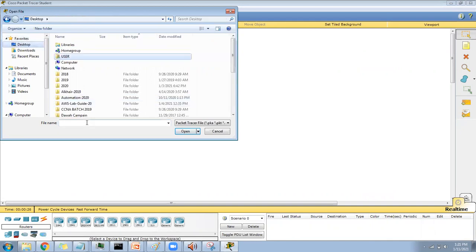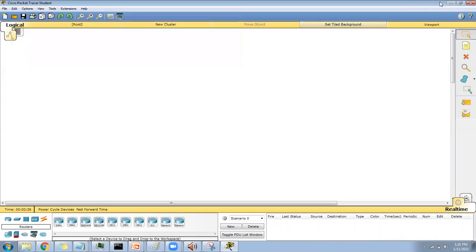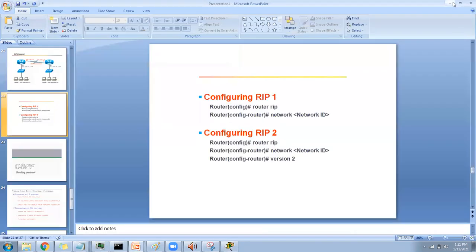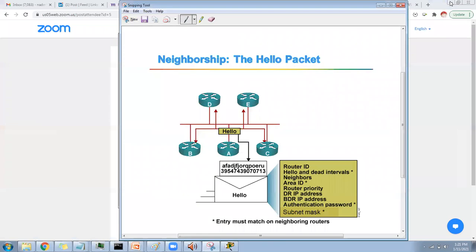Desktop, I think. Base. It was there, let me check. One second.